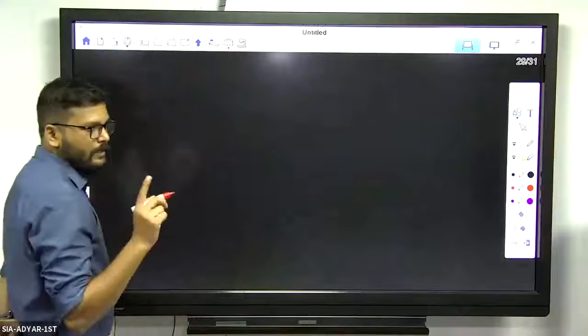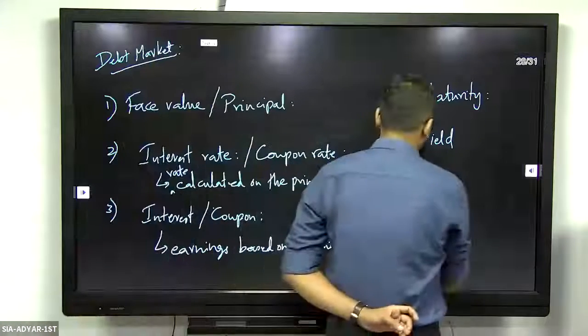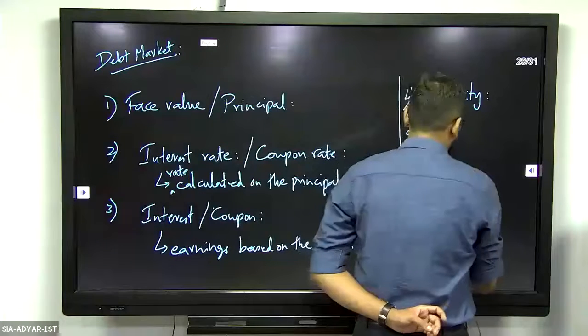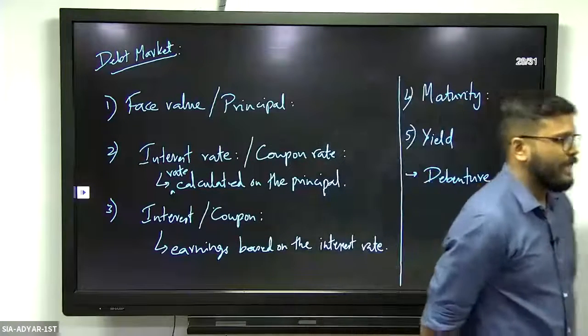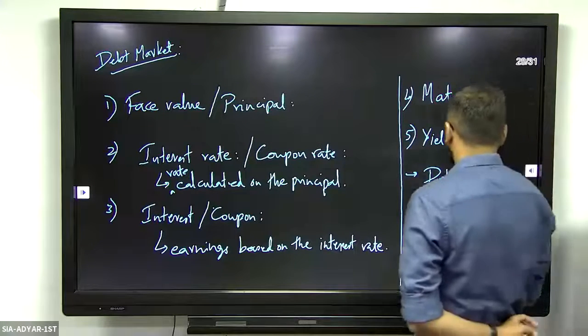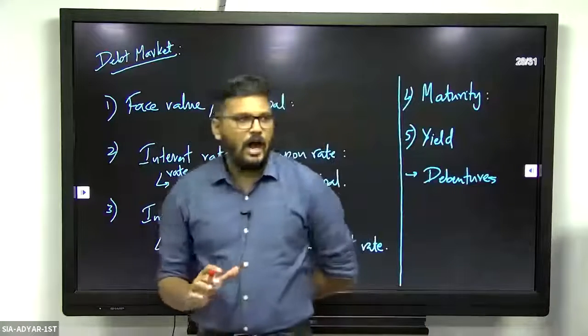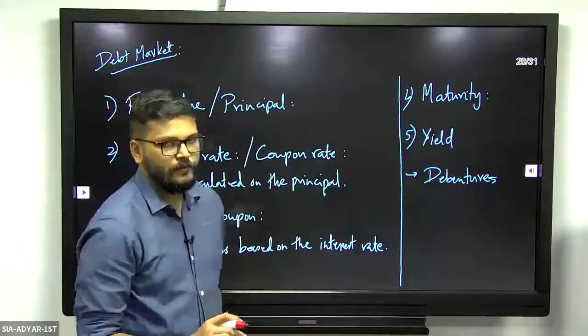Okay. Then there is one terminology with respect to the debt market which I want to introduce to you, something called debenture. So debentures are the same as bonds which are issued here in the debt market.